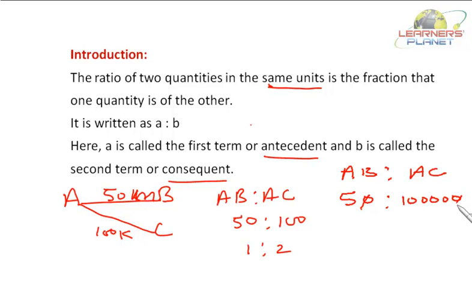Now we can simplify it. So it's 1 is to 2000. That means AC is 2000 times of AB. Now whatever interpretation we make over here, it will be really correct. So I hope you are clear why we should compare the quantities with same units.